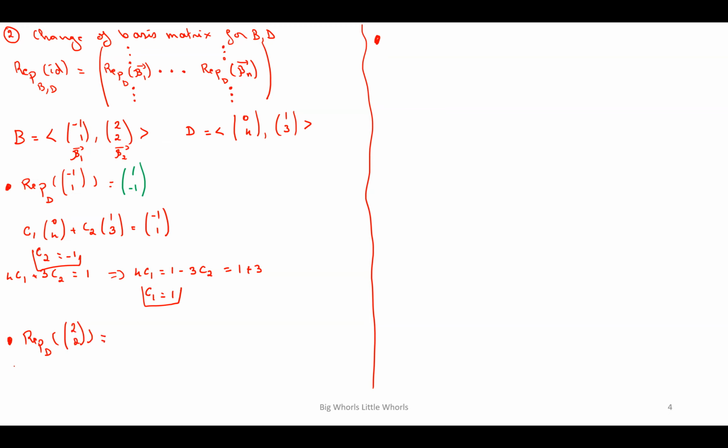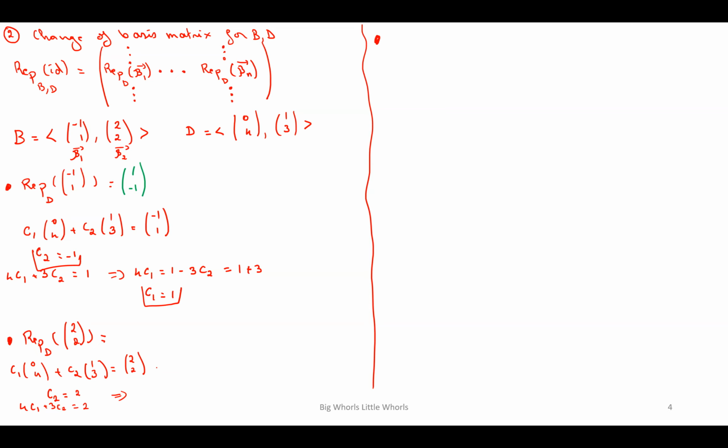Okay, so we have C1 times (0, 4) plus C2 times (1, 3) equals (2, 2). So we have C2 equals 2, and 4 times C1 plus 3 times C2 equals 2.